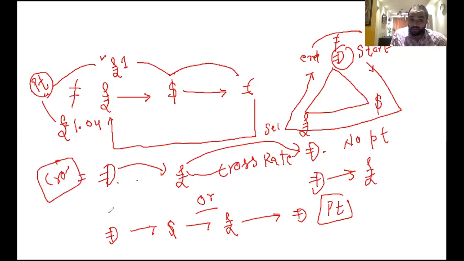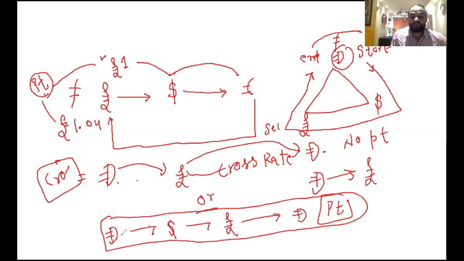Bank will not tell you this one. You have to find it by yourself by asking dollar rates. So these two rates you need to ask the bank. Bank will not give you option two. You are a trader, you have to find option two by doing that.